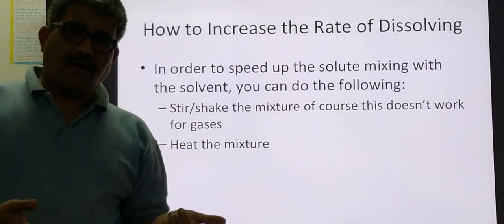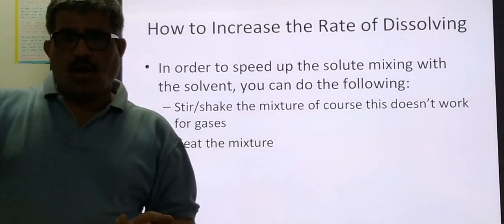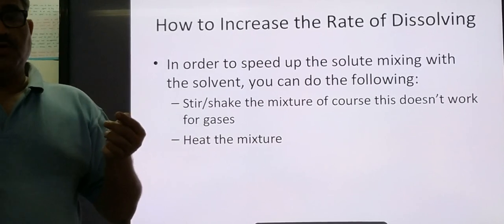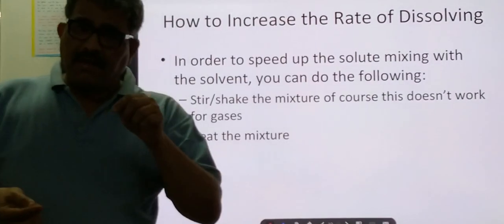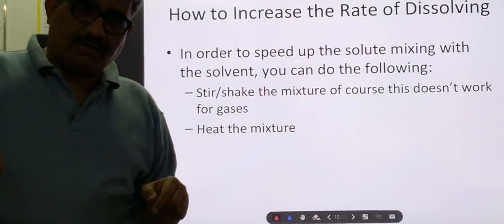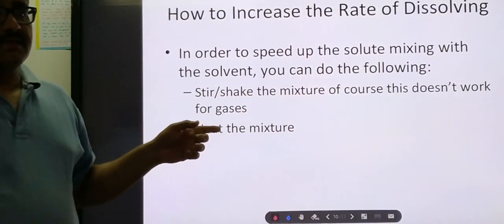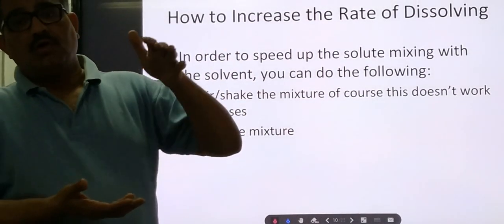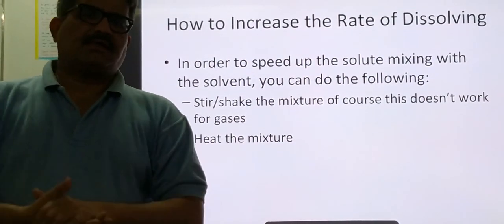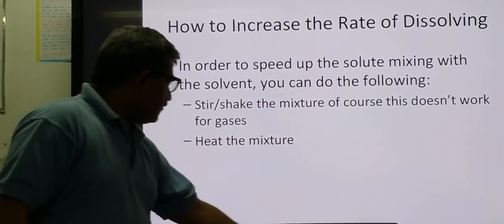If it is solid, you need to stir it, or you need to increase the temperature. To dissolve more solid in liquid, you need to increase the temperature. Whereas for gases, if you want to dissolve more of gas into liquid, you need to increase the pressure. These are some of the conditions. This also we have discussed.